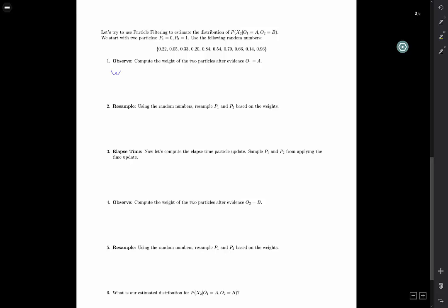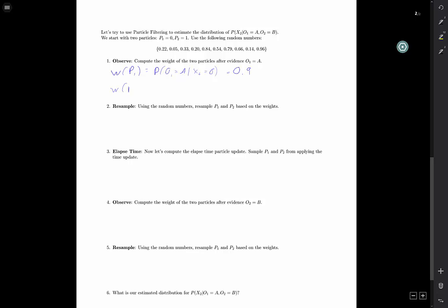So the weight of particle 1 equals the probability that the observation O1 equals A given xt equals 0, because the first particle is 0. And if we look in our table, we find that this is 0.9.